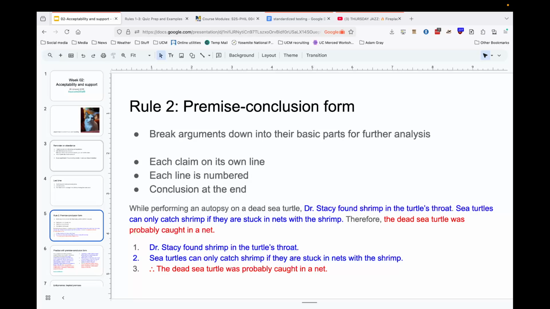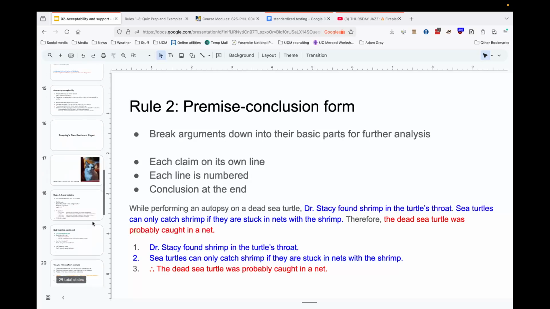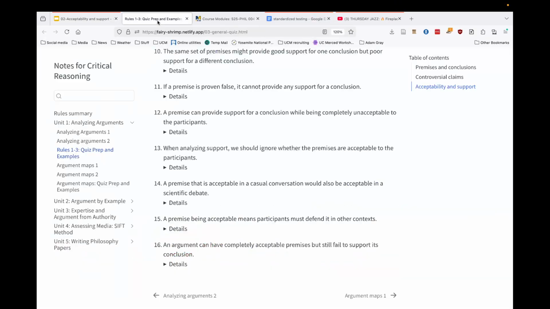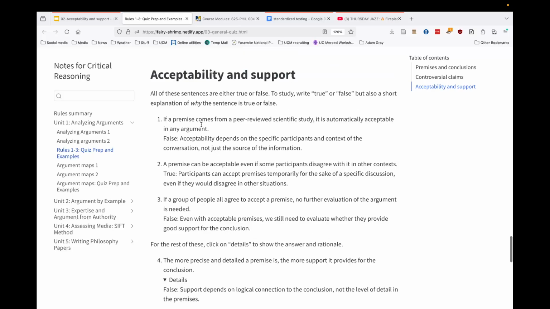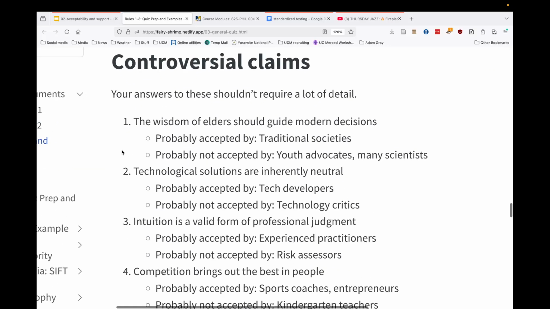Alexa. On the questions about acceptability, are they giving us options or are they open-ended? They're open-ended. Yeah, so those, again, are things that have to be manually graded. You don't need a lot of detail. Where are the examples? The wisdom of elders should guide modern decisions.